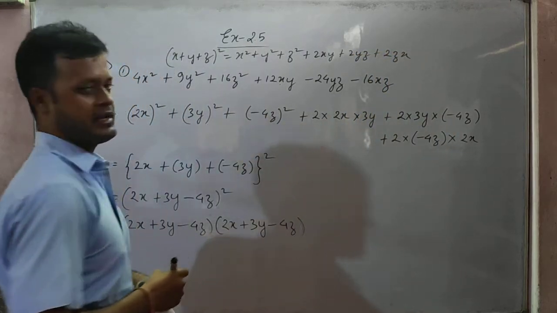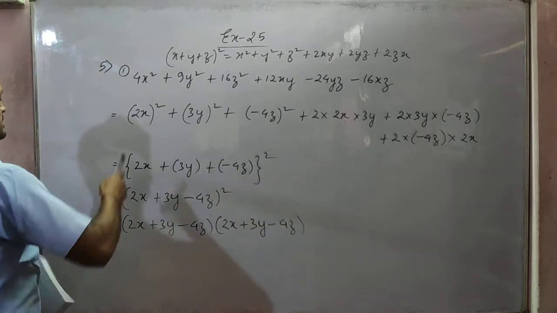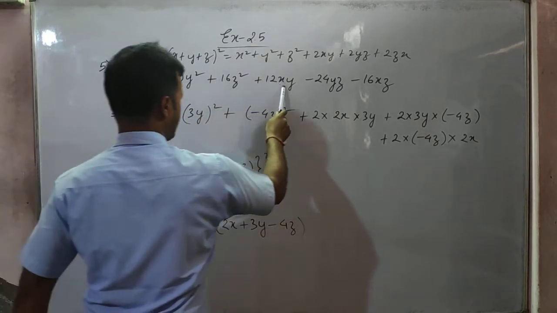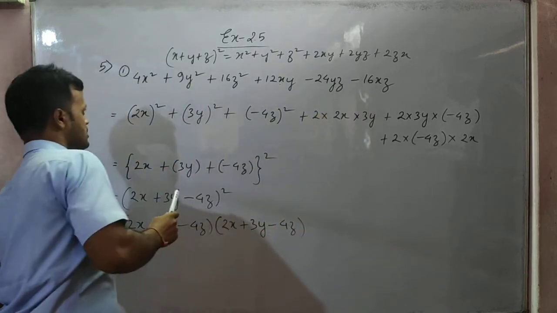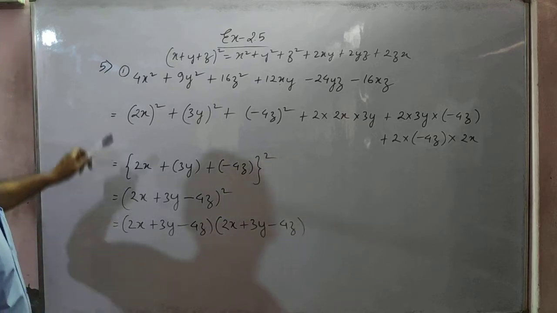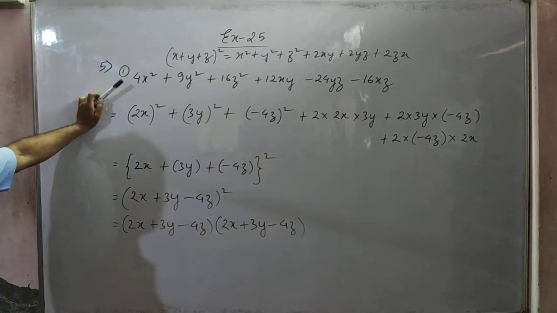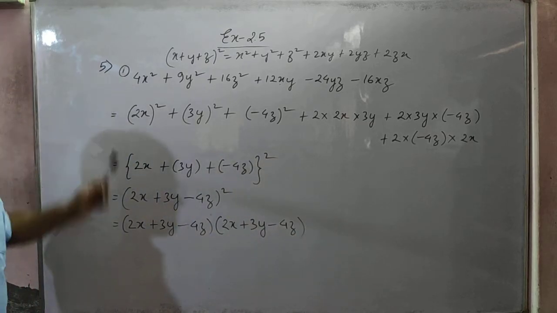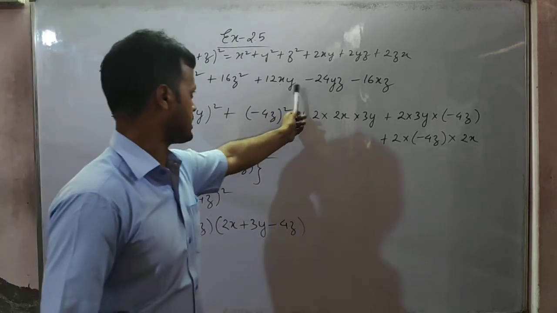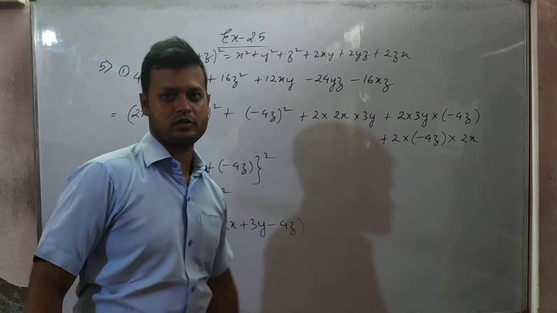When I saw that first 3 terms are square terms, 4x square, 9y square and 16z square, along with that xy, yz and zx is also there, so I thought that I will use this formula, x plus y plus z whole square. Now you see, students, after looking at such a sum, if negative sign is also there, here also one negative sign, here also one negative sign is there.